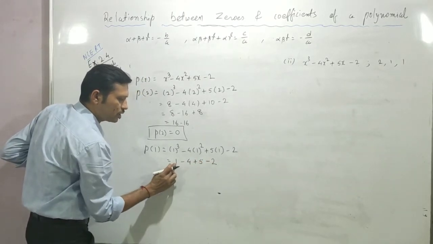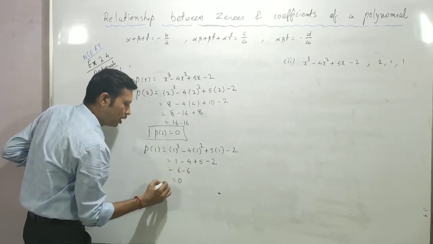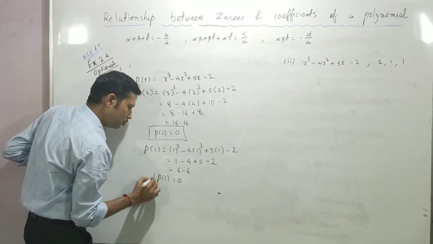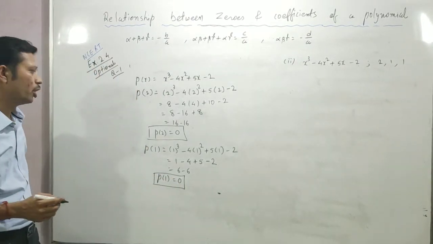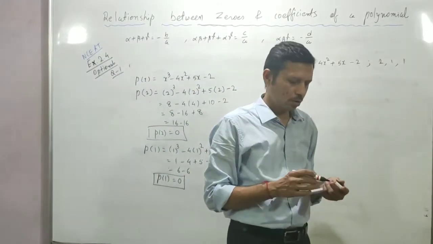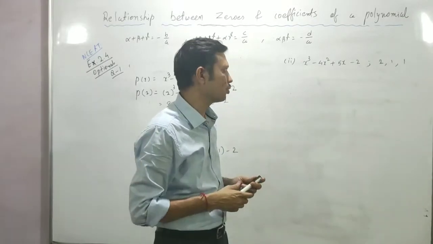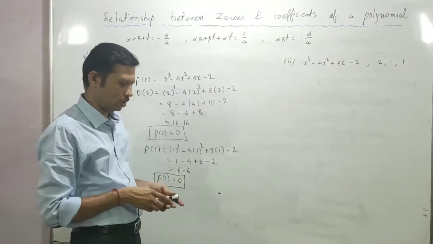So 5 plus 1 is 6 and minus 4 minus 2, that is minus 6. So overall the answer is 0. So p of 1 is equal to 0. So 1 is also a zero of our polynomial. And 1 is given 2 times because they require the 3 zeros, so there is no need for the third calculation.